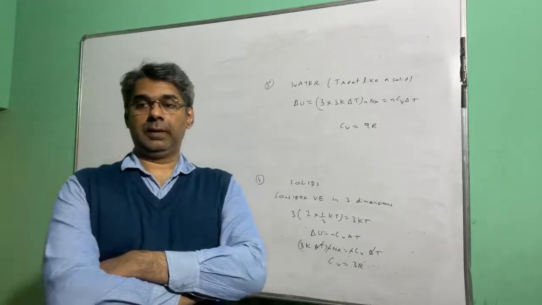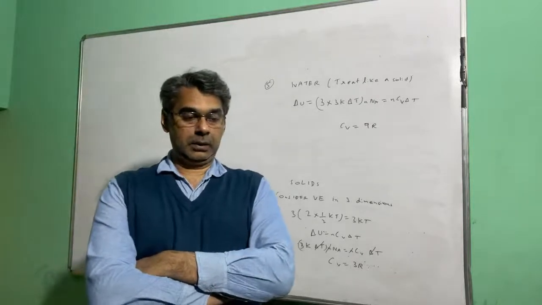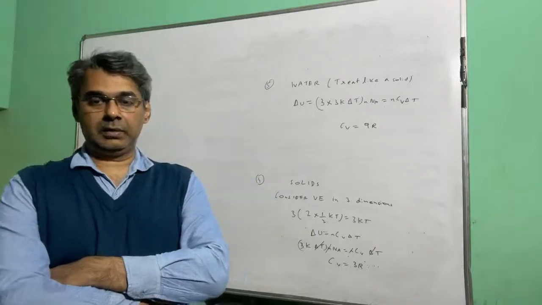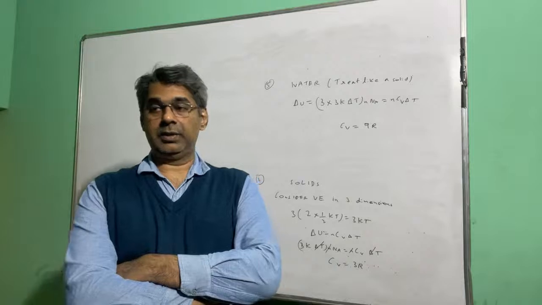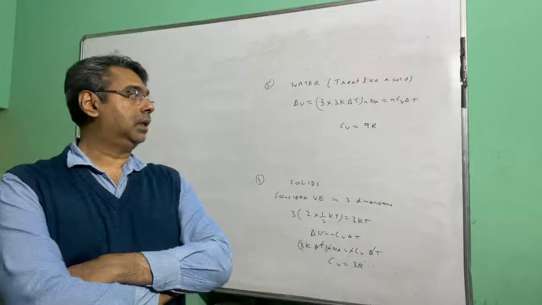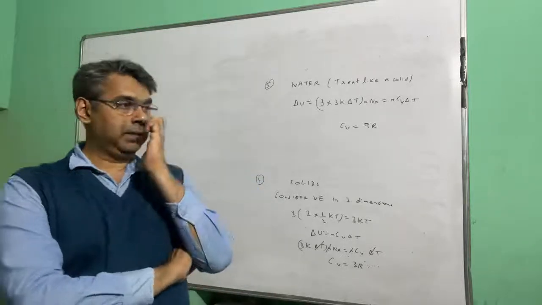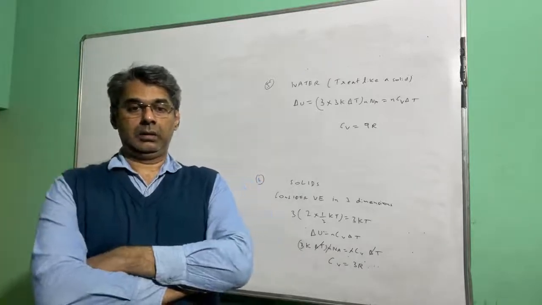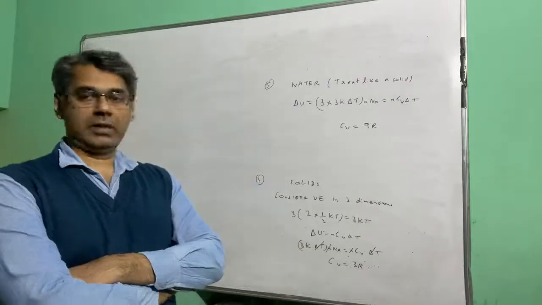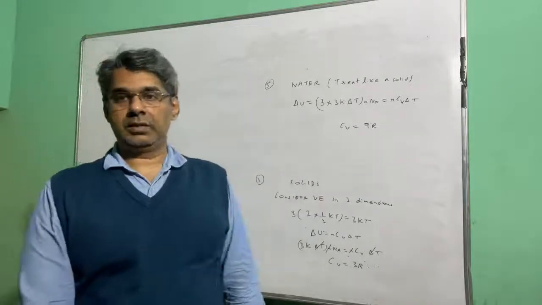Then we have discussed the law of equipartition of energy, which says that the energy associated with each independent term in the energy expression, okay, that is called degree of freedom. So monoatomic has 3 degrees of freedom, diatomic at low temperature has 5, high temperature has 7, and polyatomic at low temperature is 3 plus F and at high temperature it is 4 plus F. So we have discussed all that, and then finally we discussed for solids, and then we discussed for water.